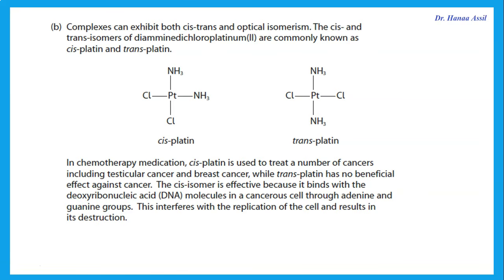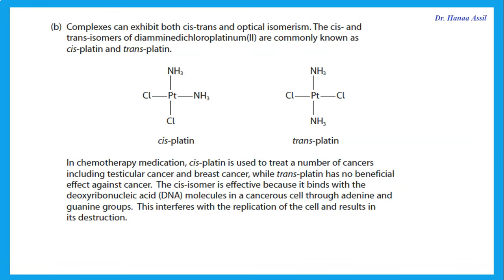Complexes can exhibit both cis-trans and optical isomerism. The cis and trans isomers of diamminedichloroplatinum are commonly known as cisplatin and transplatin. In chemotherapy medication, it is the cisplatin that is used to treat a number of cancers, including testicular cancer and breast cancer, while transplatin has no beneficial effect against cancer.